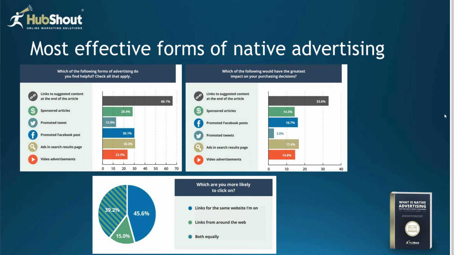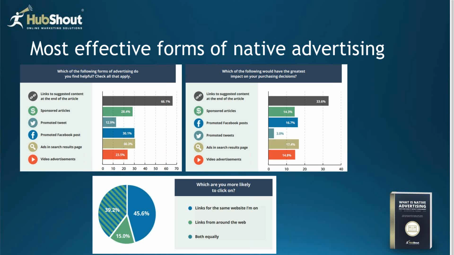So then a little bit more information about what were the most effective forms of native advertising. Again, we cast a pretty wide net here on what could be a native ad, but the response that came back was that the overwhelming majority of people found that links to suggested content at the end of the article, on the left-hand side, were the most helpful, and also had the most impact on the decision.